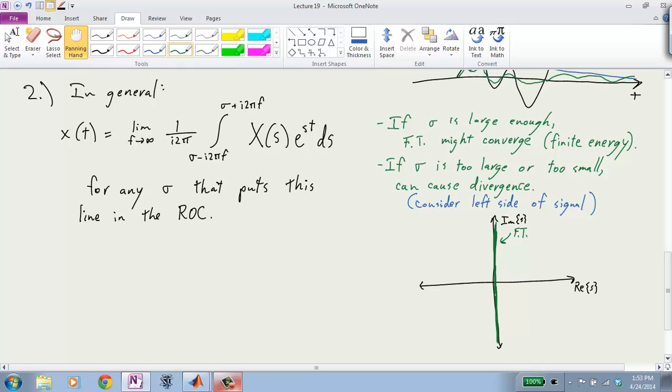Okay, but we also have that every vertical line has a similar interpretation. So another line over here, at the line where the real part is sigma naught, is exactly the Fourier transform of not x, but x of t e to the negative sigma naught t. So it's just a new signal, and that's the Fourier transform of that new one. Okay.